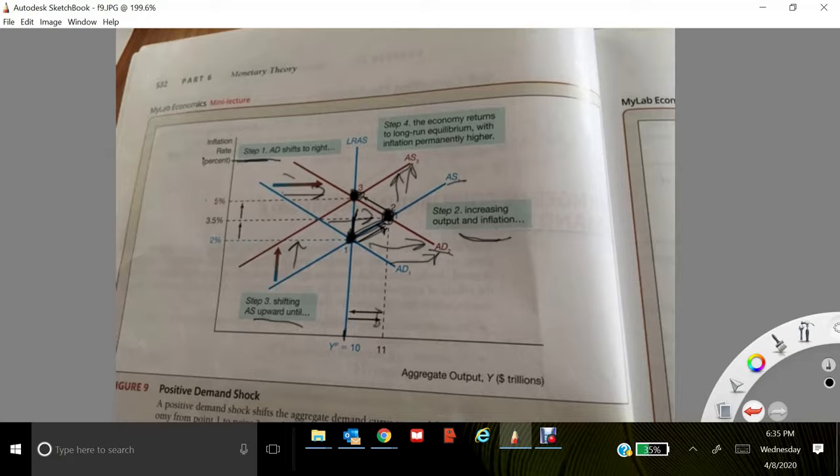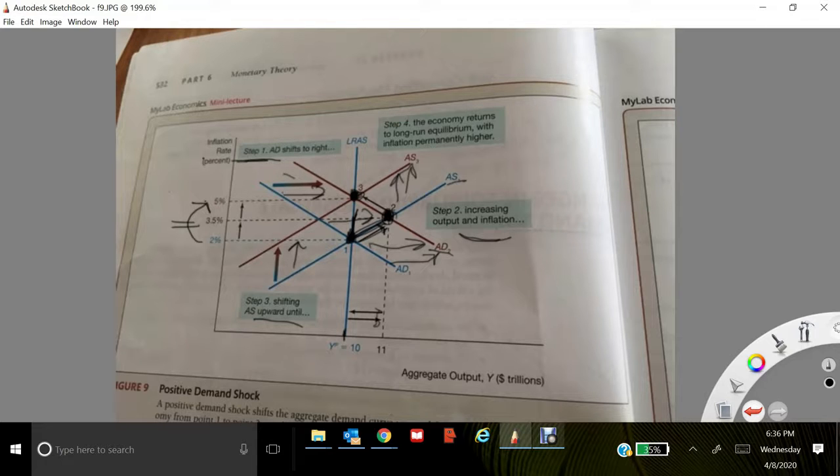But look what happens. That increase in demand has resulted in a higher inflation rate, okay, which is not good. So we're going to see later what the government can do in order to rectify that.